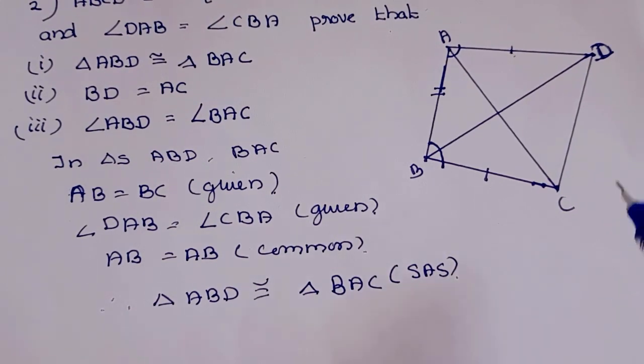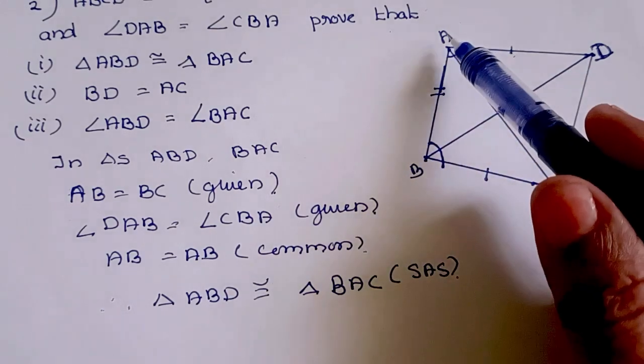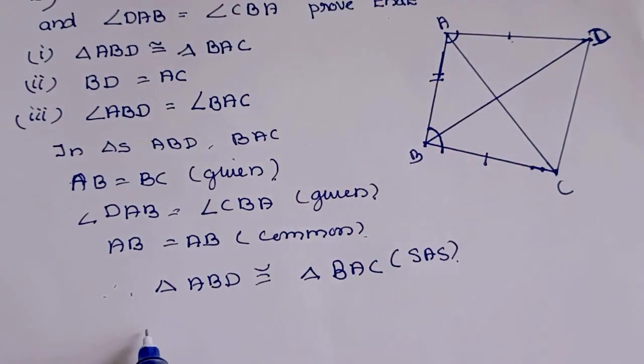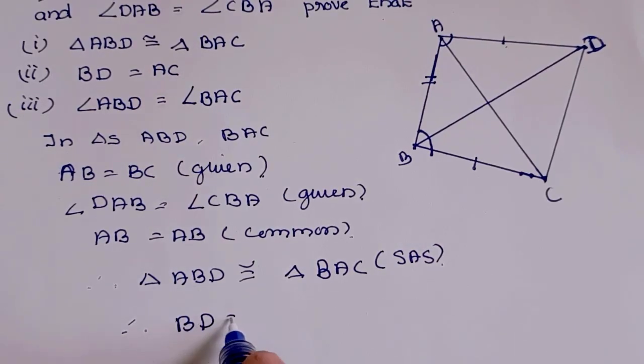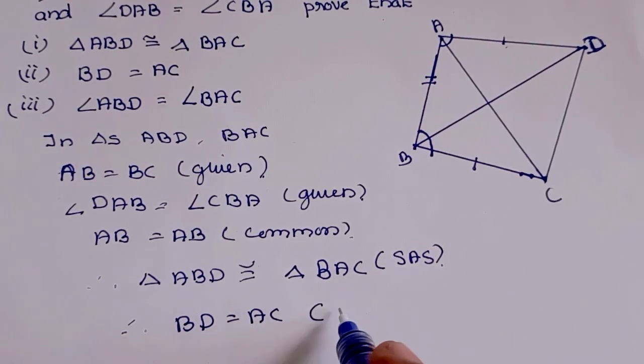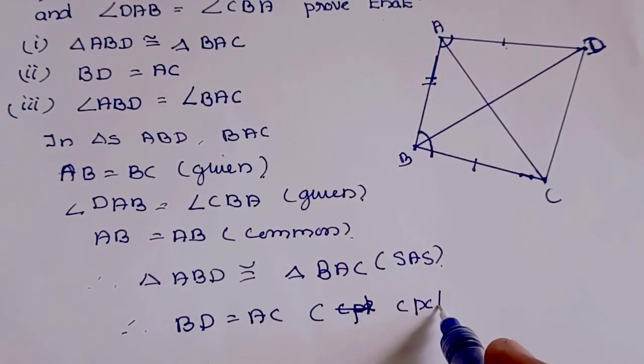Hence we get the third side. Third side is, first triangle it is BD, second triangle it is AC. Therefore we get BD equal to AC, reason corresponding parts of congruent triangles, that is CPCT.